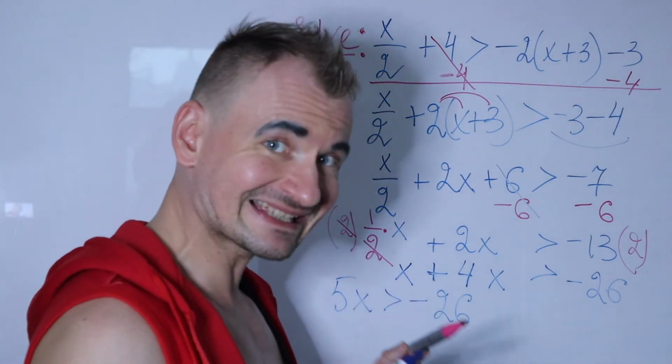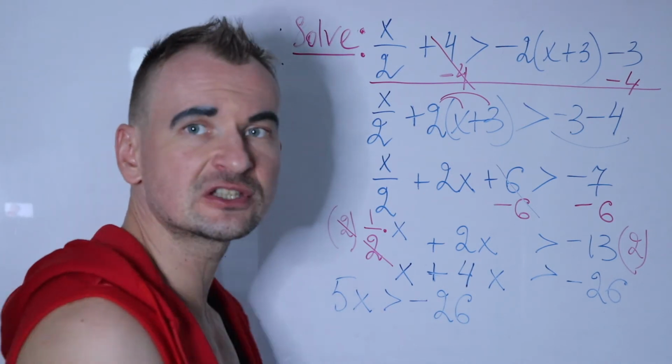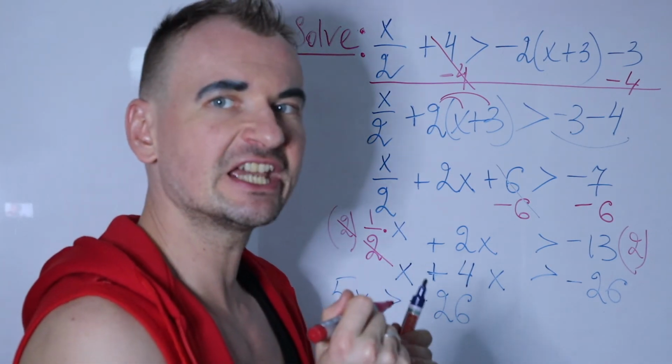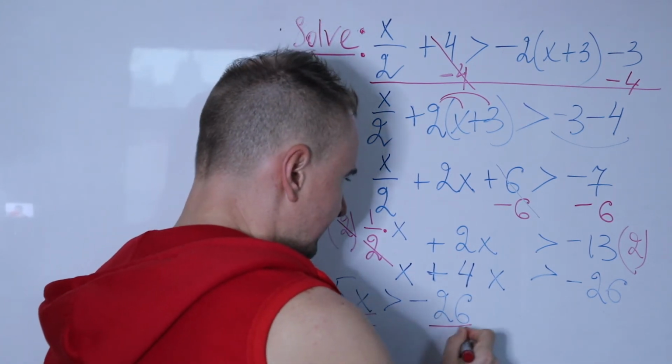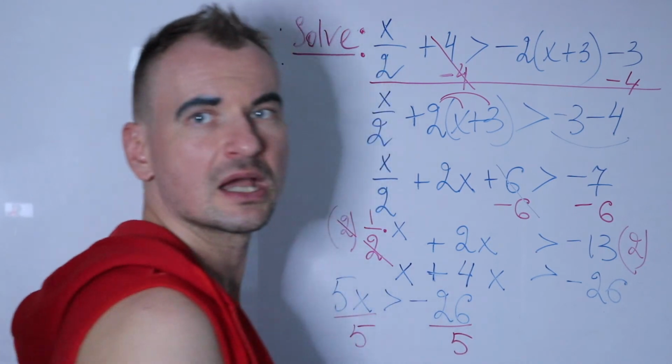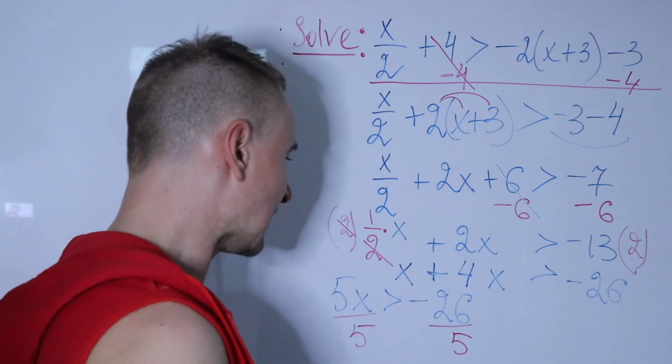Now finally the last step. We're almost there. You want to isolate your x, so anything attached, just divide it out. So you divide both sides by 5. And this step brings us to the last one.